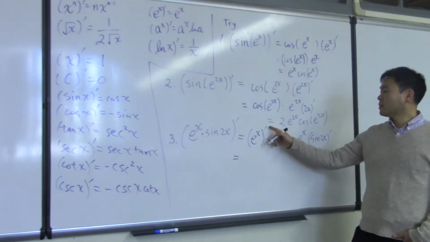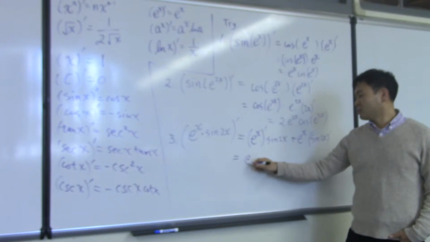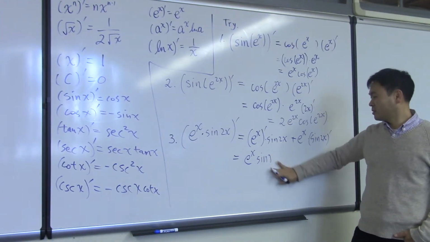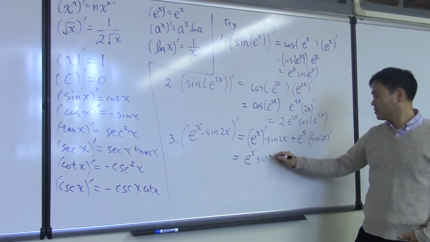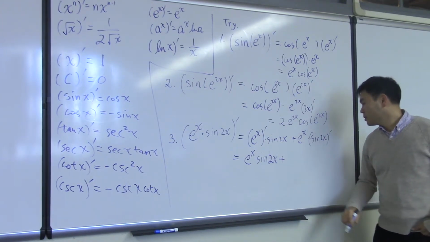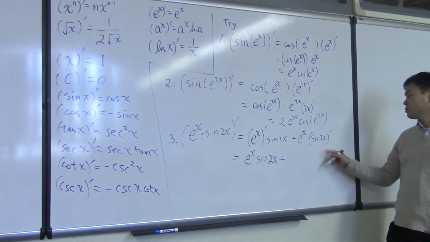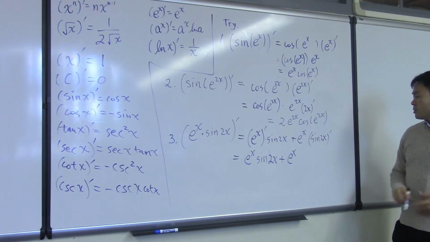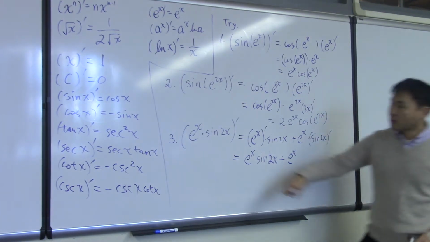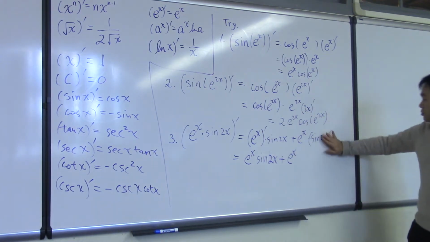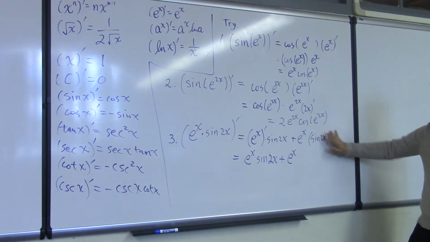Okay. So e to the x prime is e to the x. It's not hard. And sine 2x differentiates to, oh, you look here, it's cosine x. Instead of x, we have 2x, so we know that that's an inside function.